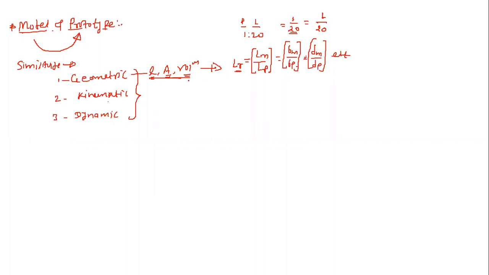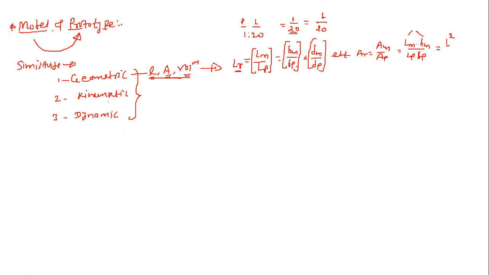Similarly, for the area, AR is equal to the area of the model divided by the area of the prototype, that is, length of model into width of model divided by length of prototype into width of prototype. Length and width both have the same dimension L, so that is L square.